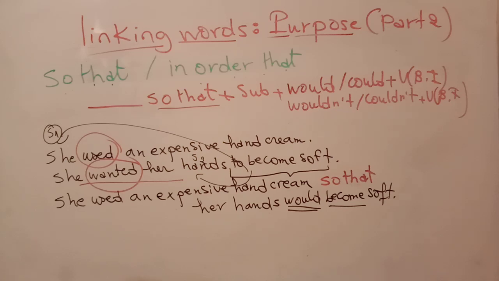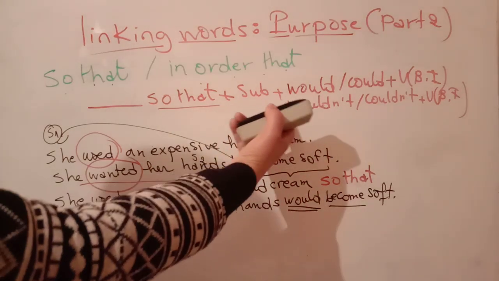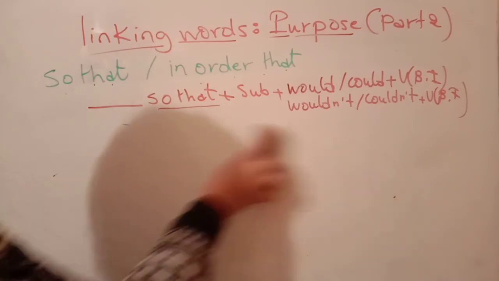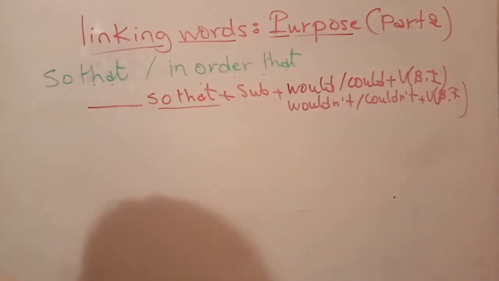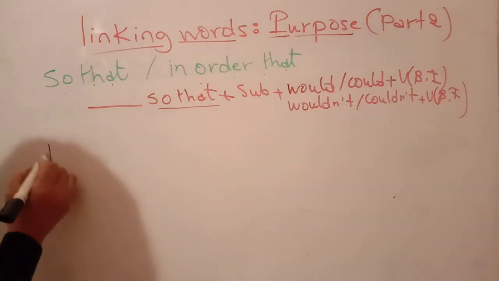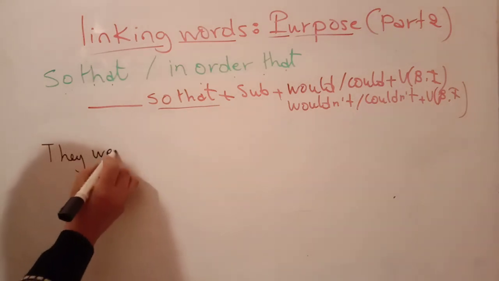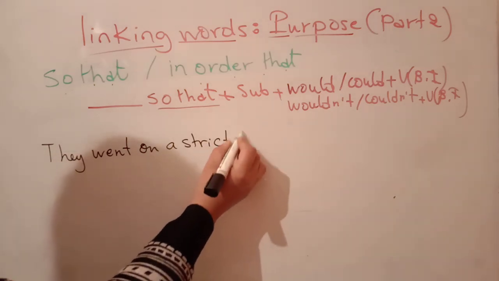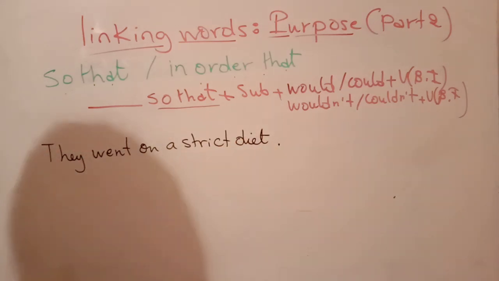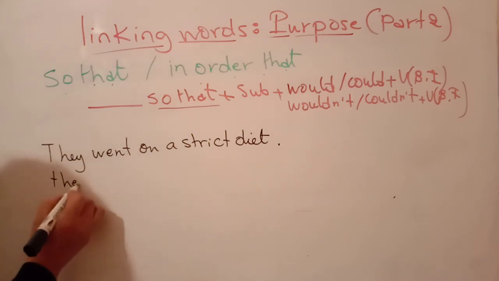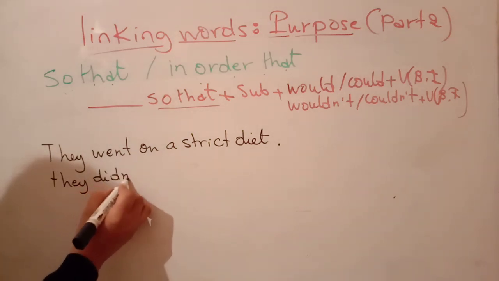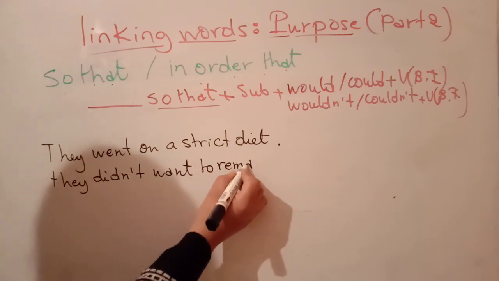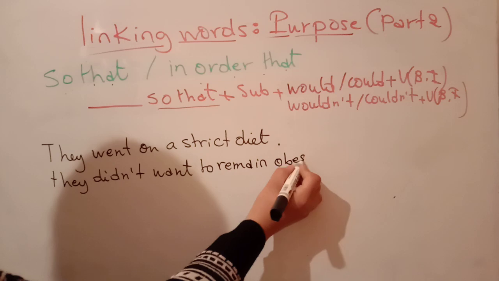Let's take another example in which you have the purpose in a negative sense. They went on a strict diet. They didn't want to remain obese.